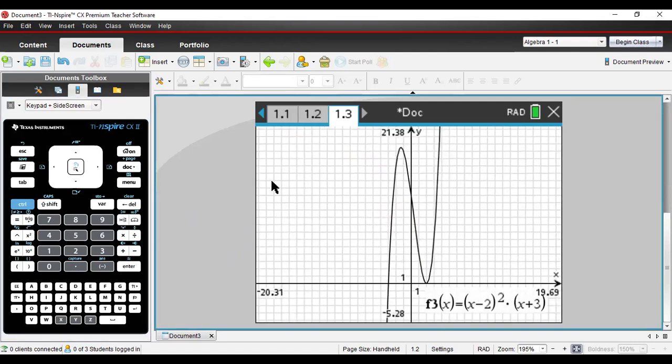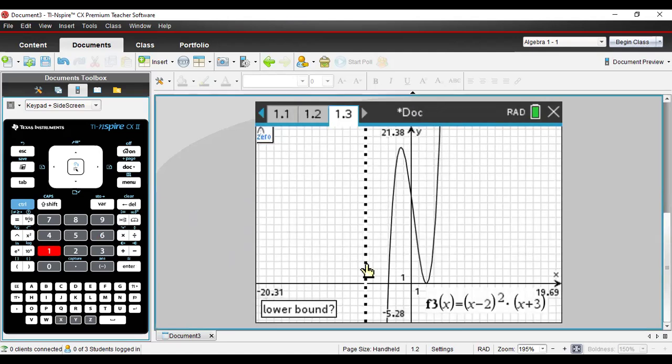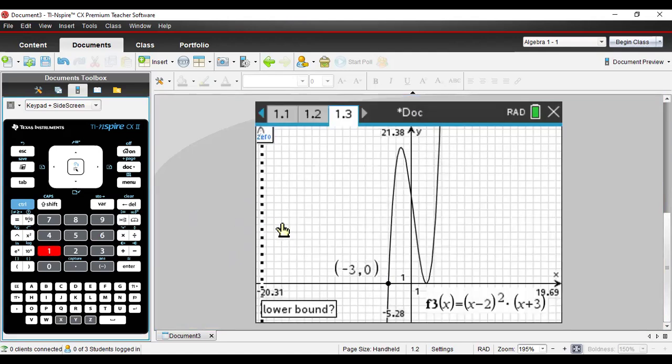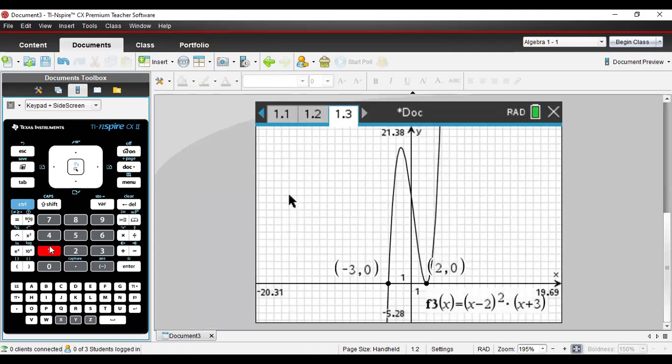So now I'm going to check everything. I'm going to do menu 61 on the left side. All right, so that's a negative 3, 0, so that matches. Then I'm going to do menu 61 again, and I'm going to find the other zero. That is 2, 0, which also matches. Now I'm going to do menu 51, and it tells me it's 12.